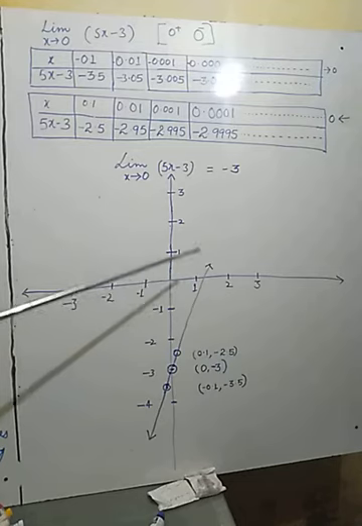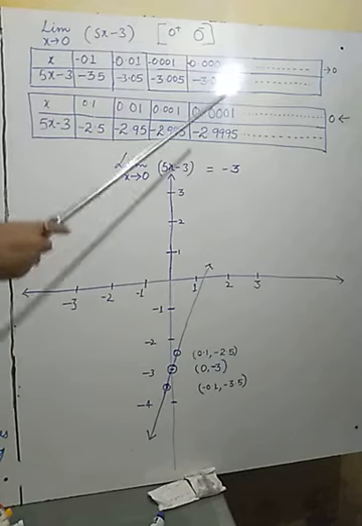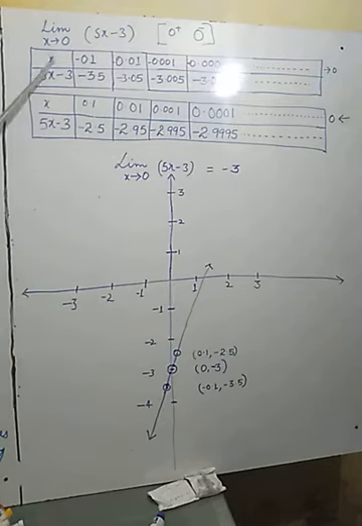On the negative side the values are increasing, because a smaller quantity is going to a greater quantity and approaching 0, so here it will be increasing order. These are arranged, and on the basis of these values of x, we can calculate the value of 5x minus 3.